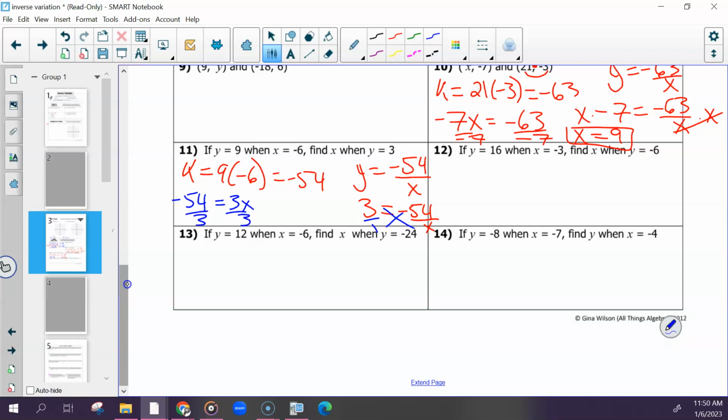You can multiply or cross multiply. What would our x value be? Negative 18. And 3 times negative 18 is negative 54, so we know that works. Questions on that one?